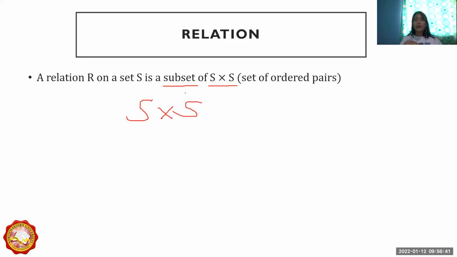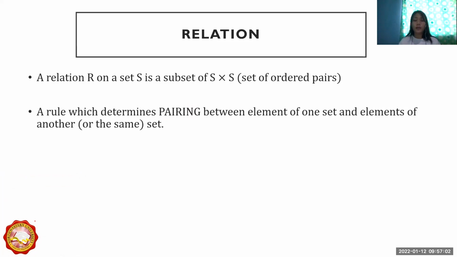And when you say relation, you can get the whole Cartesian product, that could be a relation. Or you can get a subset, meaning kahit ilan lang doon, that could still be considered as a relation. So that's the reason why we needed to recall what a Cartesian product is.